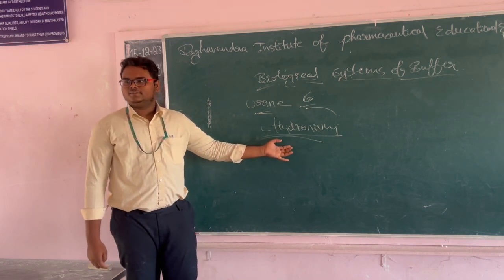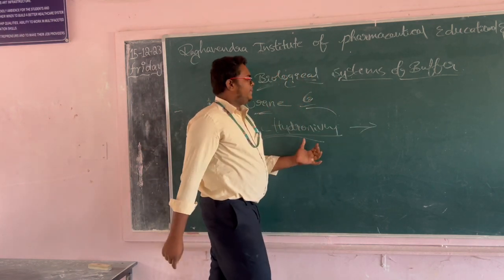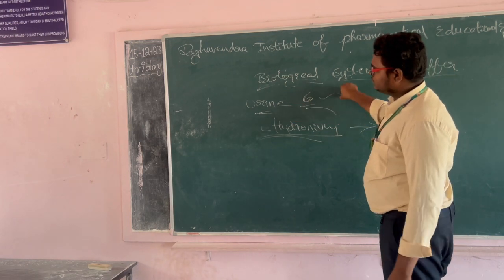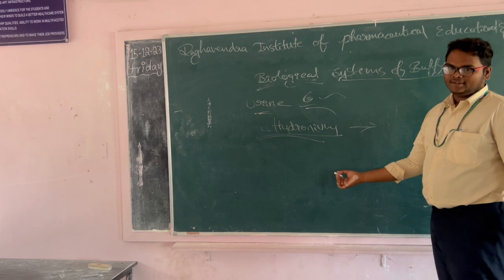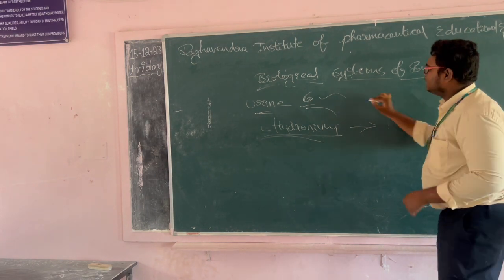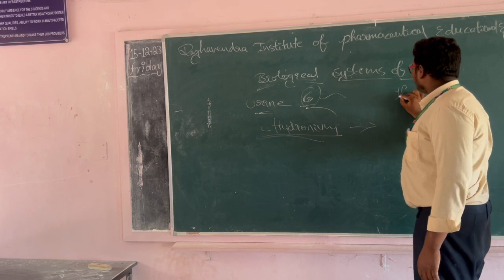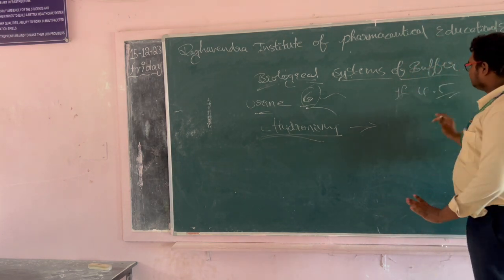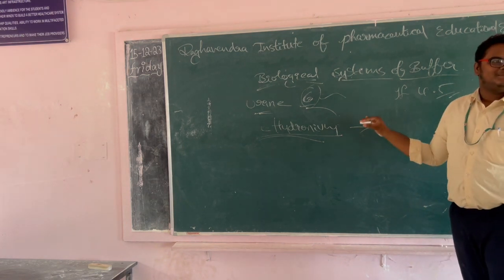Understand? These hydronium ions maintain the pH of urine. What is the pH of urine? 6. Okay. The kidney secretes hydronium ions. If the urine pH is 4.5, what will happen? It will cause irritation.